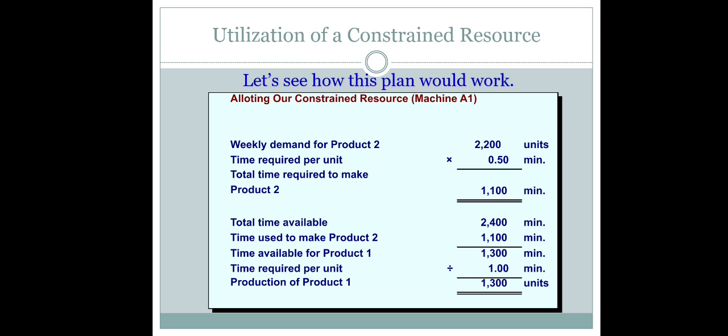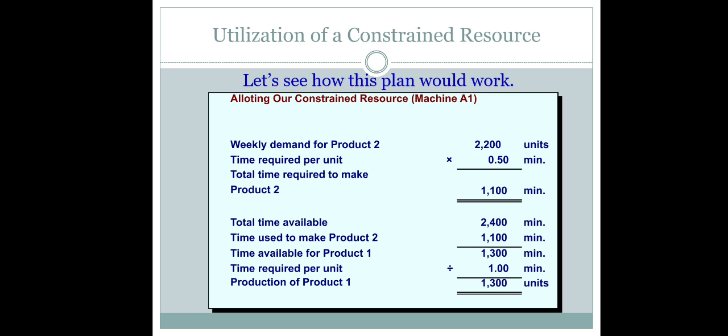After the business has used the machine to produce all demand for product 2, the balance of the machine minutes can be used to produce product 1. So 1,100 minutes are allocated for product 2. The balance is 1,300 minutes left.